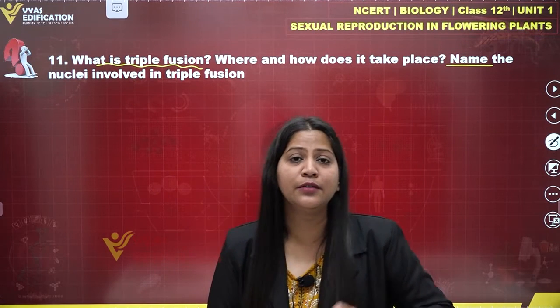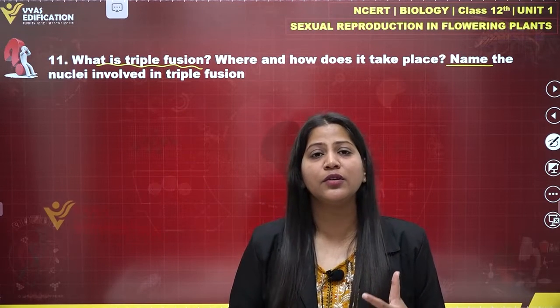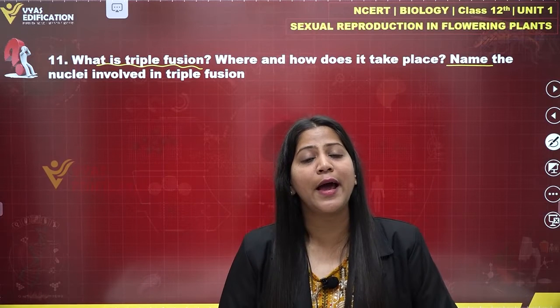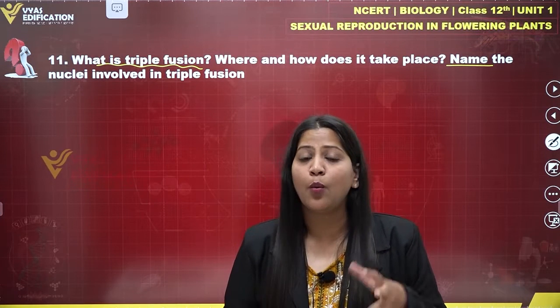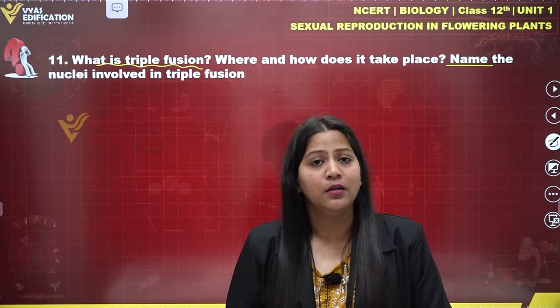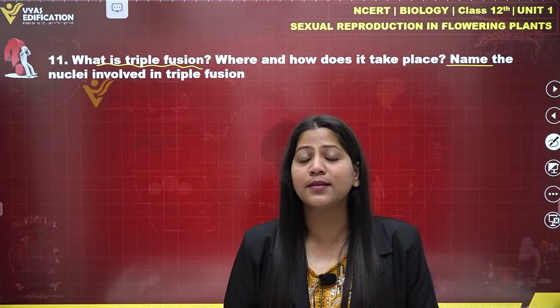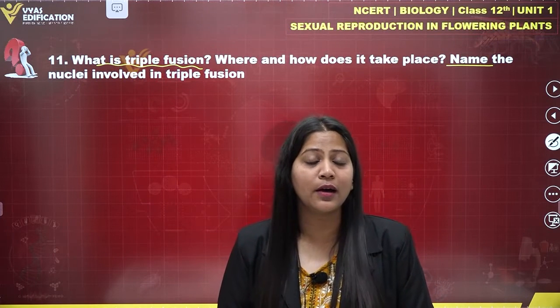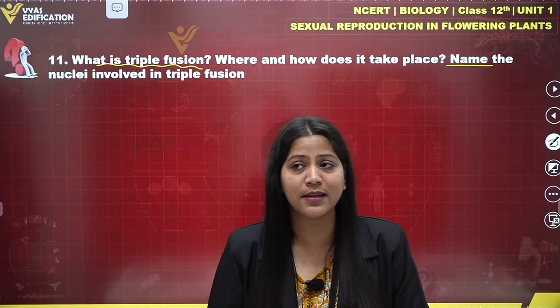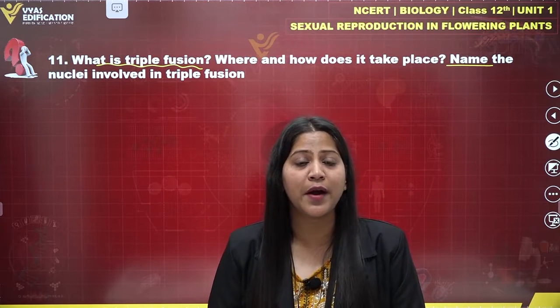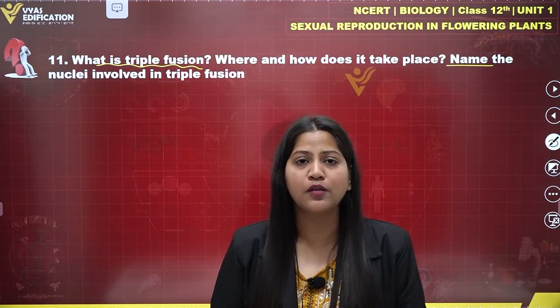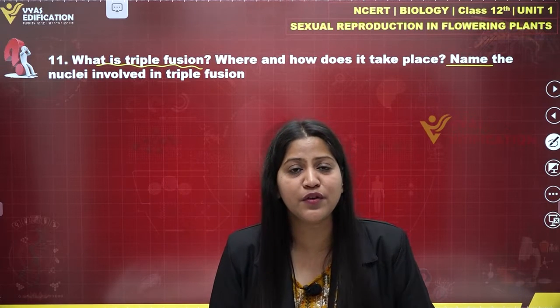It is a unique feature. Double fertilization is a unique feature of all angiospermic plants. Why is it a unique feature of angiospermic plants? Because double fertilization does not occur in other plants such as gymnosperms, pteridophytes, etc. And also it is not a feature of animals.